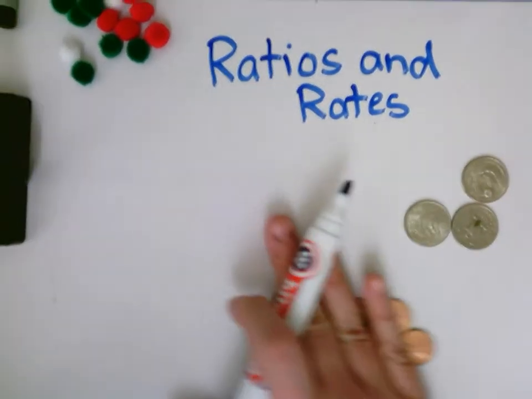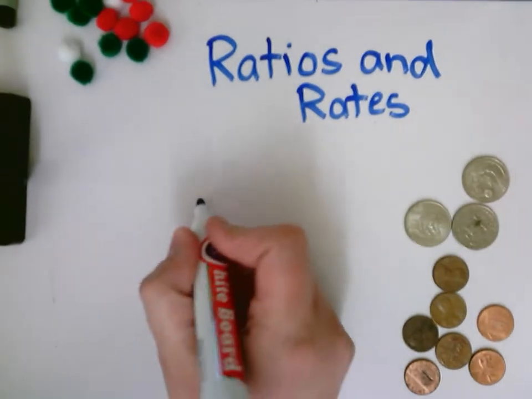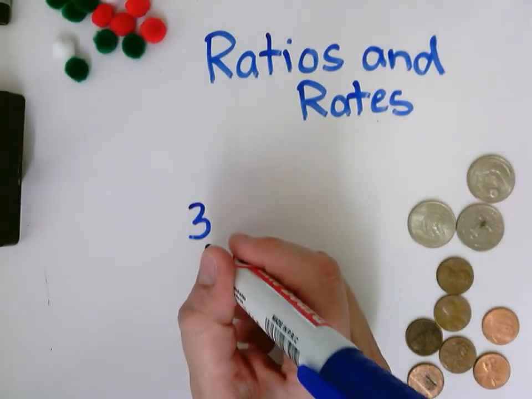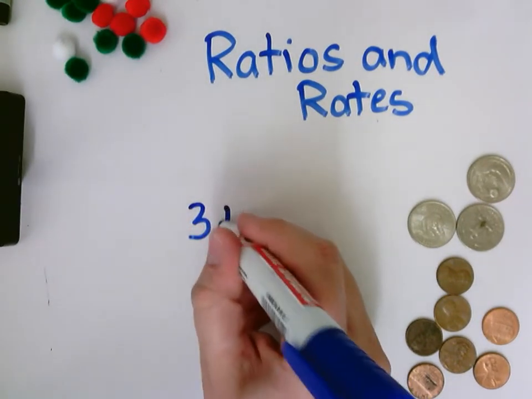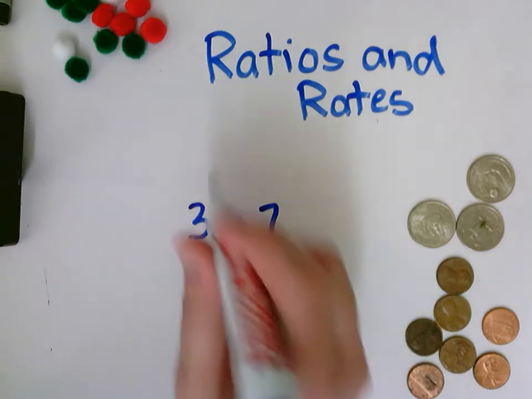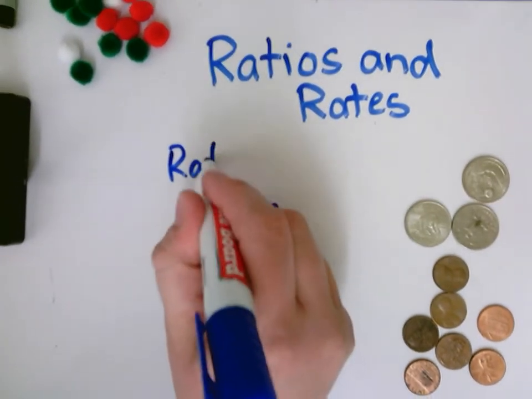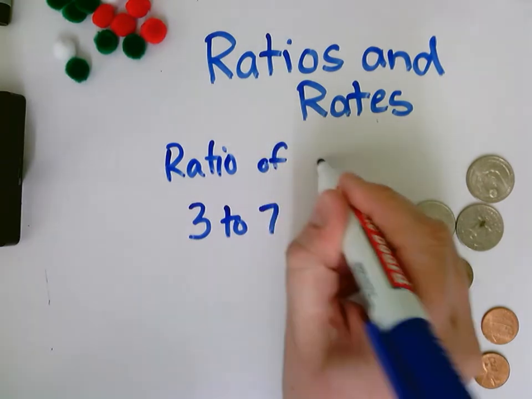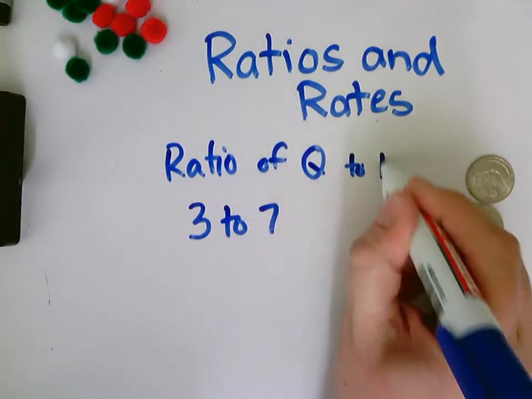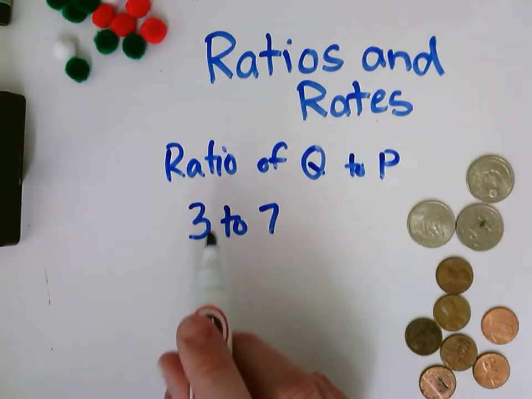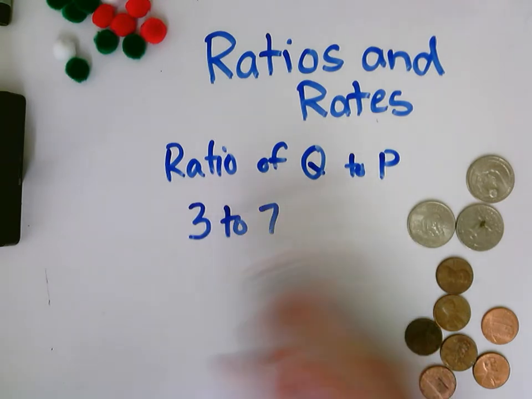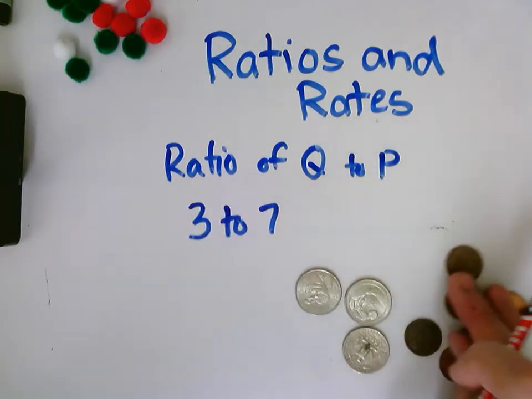So I can write that as a ratio as 3 to 7. If I'm talking about my ratio of quarters to pennies, I'm just shortening that. Ratio of quarters to pennies is 3 to 7. I have 3 quarters to my 7 pennies.